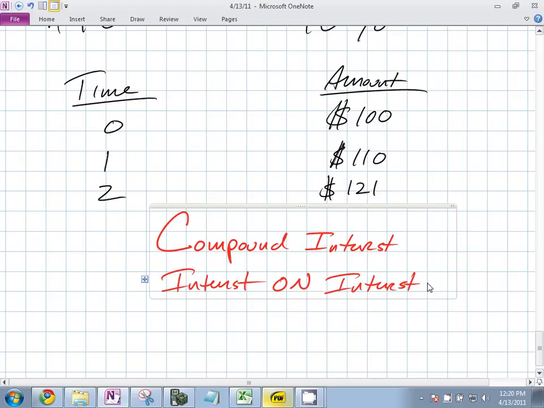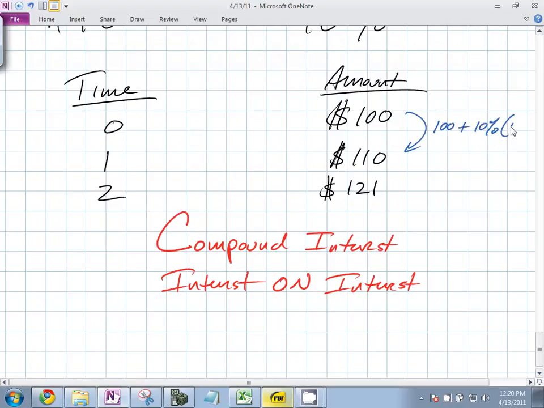And then at the end of the second year, you're earning 10% from the base of $110. What's 10% of 110? 11. What's 11 plus 110? So what did we just do? We had 100, and we added 10% of 100. From here to here, we had 110, and we added 10% of 110.